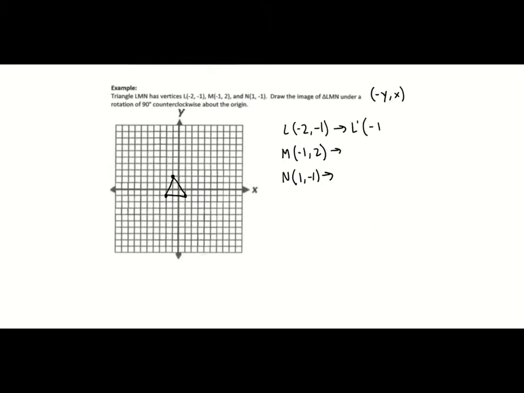So I get -1, -2. I'm going to multiply that first number by a negative, so that means it's going to be a positive. M prime, I'm going to flip my numbers and multiply that first one by a negative. N prime, -1, 1, I flipped my numbers and multiply that first number by a negative, so it becomes positive.